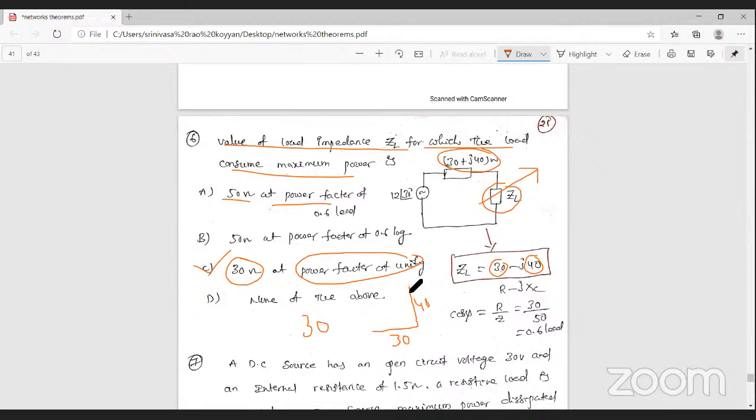Okay, then the combination of these two is called impedance, that is equal to Z. Z is equal to the square root of 30 square plus 40 square. So that is 50. Then finally you get the Z value 50. The R value is already given here as 30. Then cos phi is equal to R by Z, 30 by 50, that is equal to 0.6.